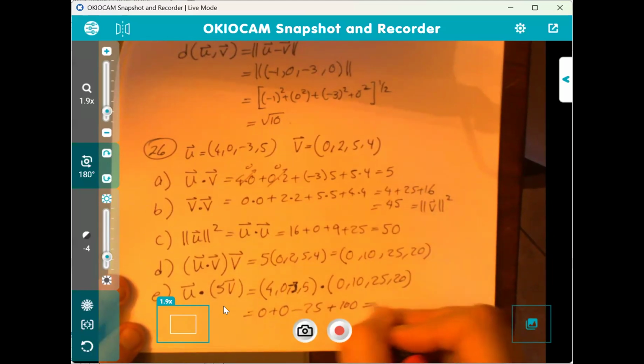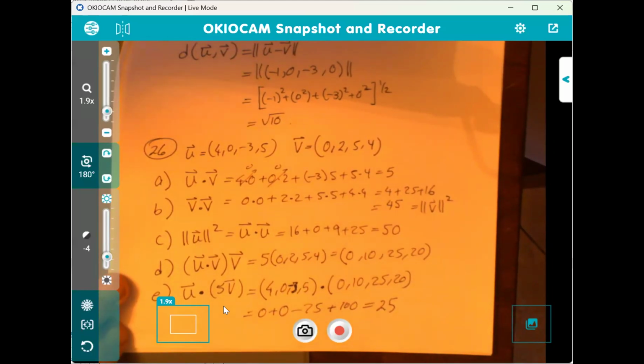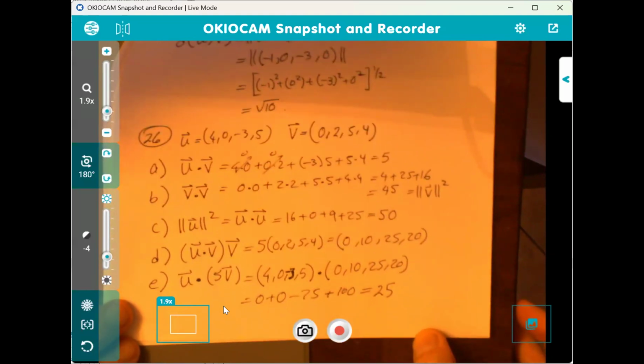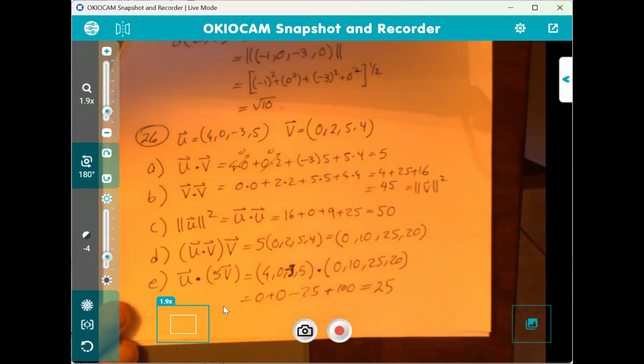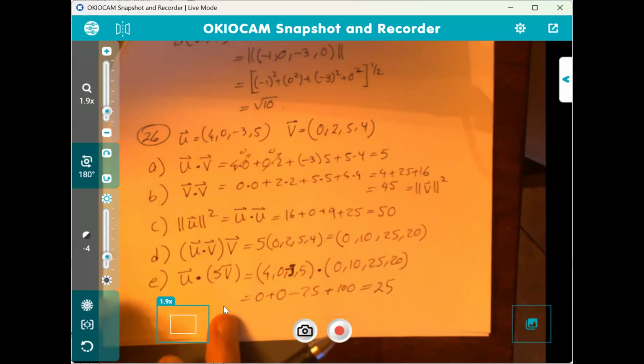So said and done, please verify my arithmetic. If everything looks good, then it should be 25. And there we have that one. So nothing earth-shattering. It's kind of fun doing it. It's definitely doable.